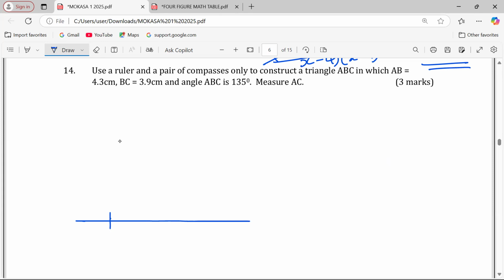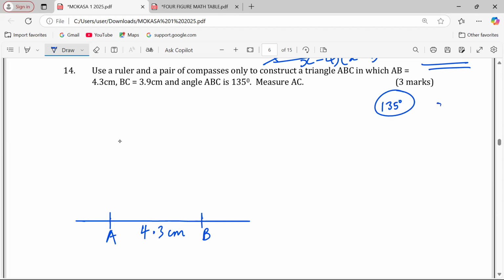This is point A. And after measuring my 4.3 centimeters, I have point B. Then from B to C, there is 3.9 centimeters. So we are supposed to play along with all the angles which can be constructed without a ruler, so that we may see how we can assemble 135 degrees.